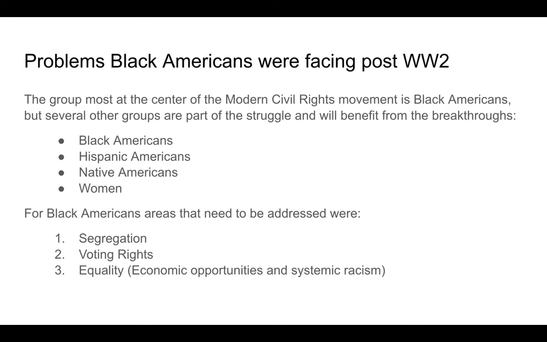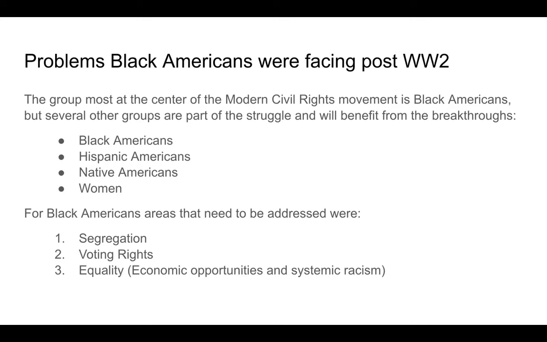So in this unit, we will probably focus on Black Americans here at the beginning, especially before spring break over the next couple weeks. But then, even after spring break, we'll touch on some other groups: Hispanic Americans, Native Americans, and women. And we'll talk about how they struggled for equality and how they had their own breakthroughs or were incorporated in part of the breakthroughs that came for the Black American community as well.